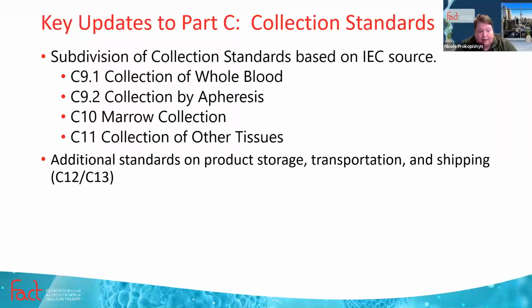C10 is marrow, and then the collection of other tissues. And of course, there are additional standards now for product storage, transportation, and shipping, C12 and C13, based on what products are stored, what products are collected by that program, and whether they're transported out of the facility or shipped out of the facility. All of that information is included in those standards and the requirement to have appropriate SOPs for such information.